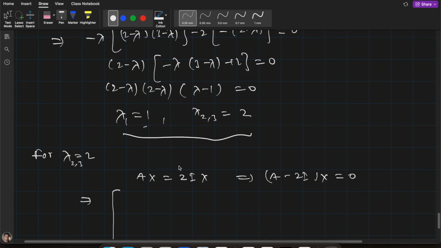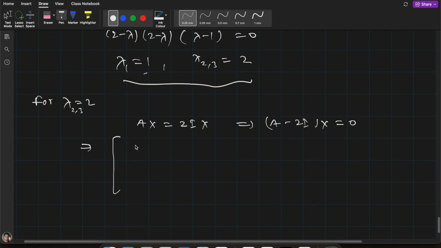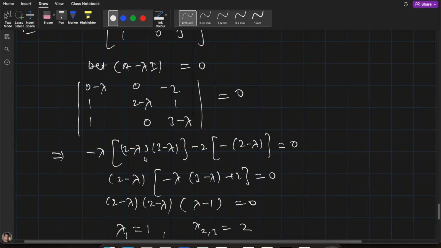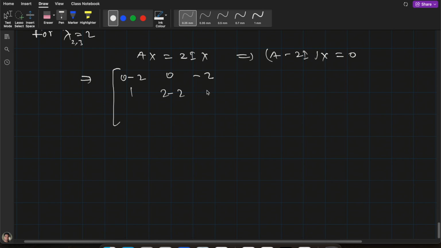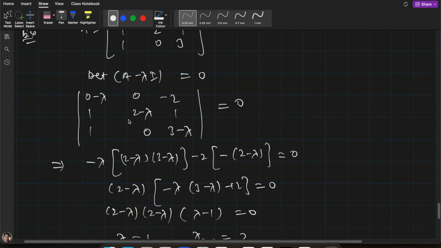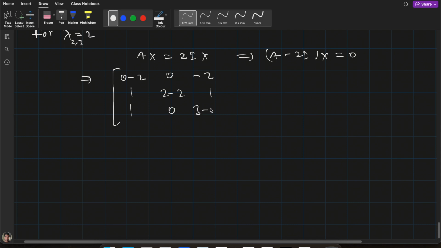Now plug in: [0 minus 2, 0, -2; 1, 2 minus 2, 1; 1, 0, 3 minus 2] times x1, x2, x3 equal to 0, 0, 0.